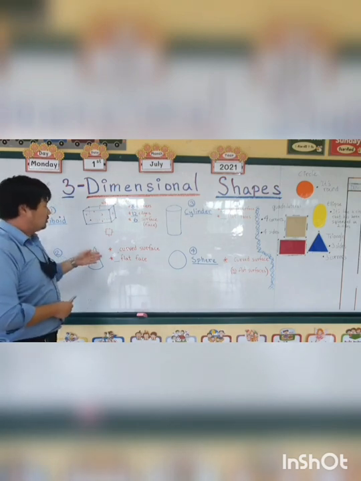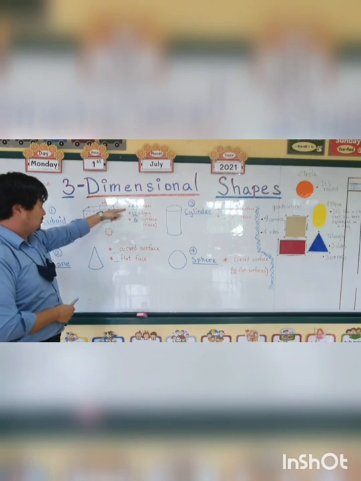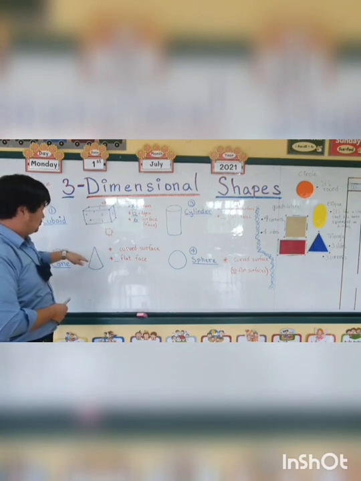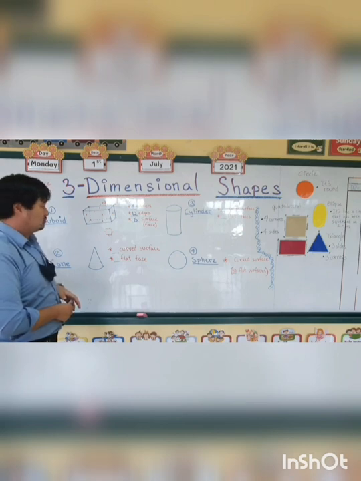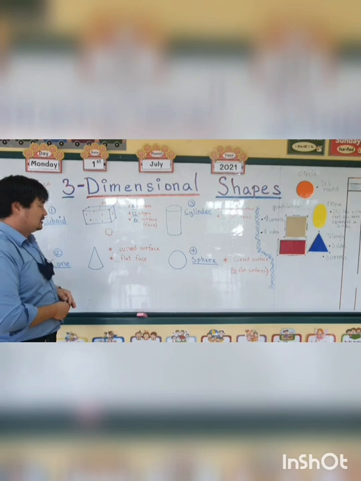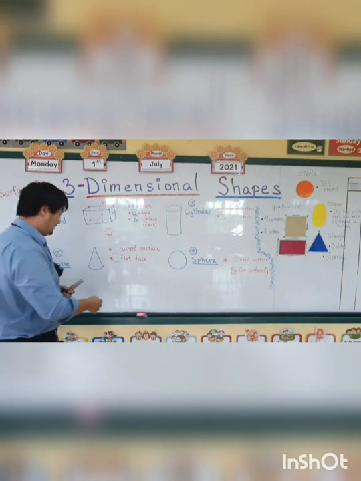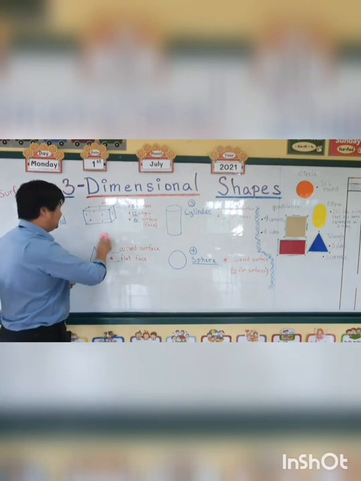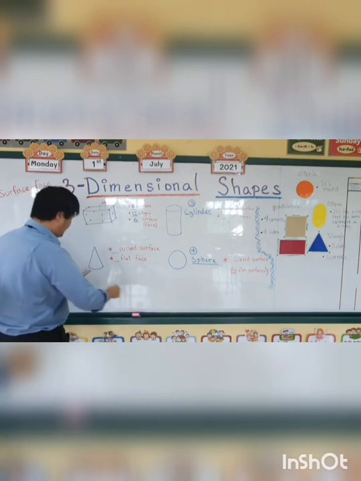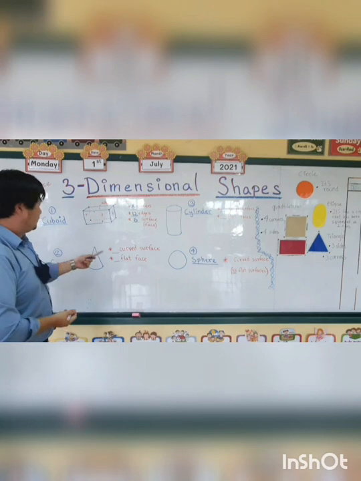So here we don't have any corners, right? No corners. How about edges? No edges either. How about surfaces? Yes, we do have surfaces. So, let's look.